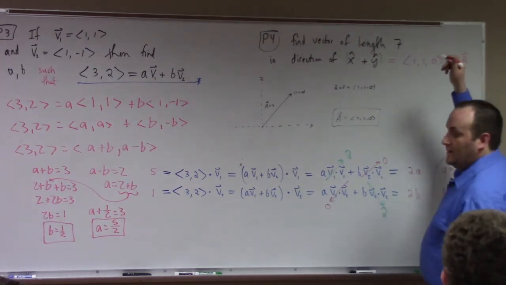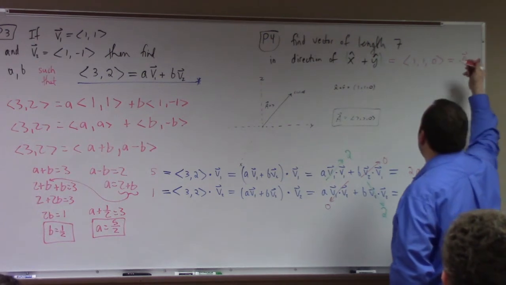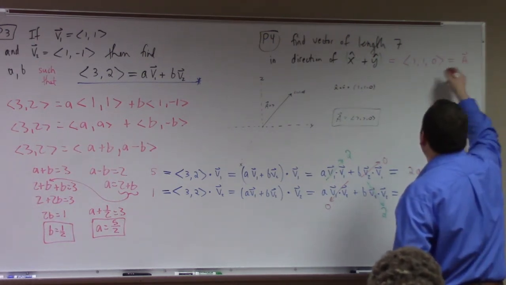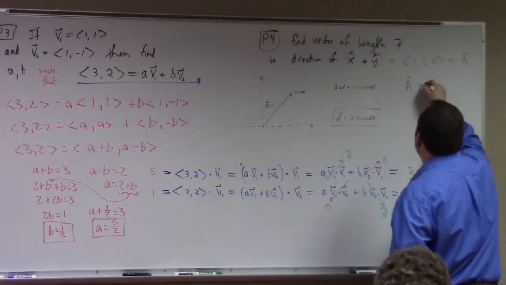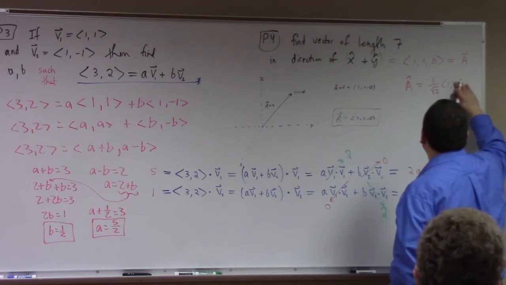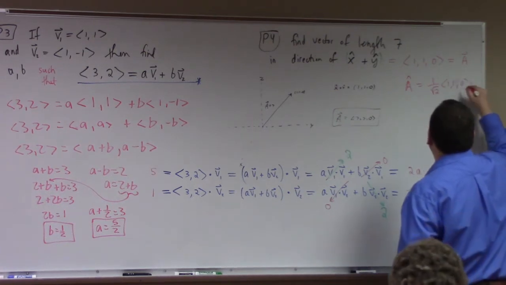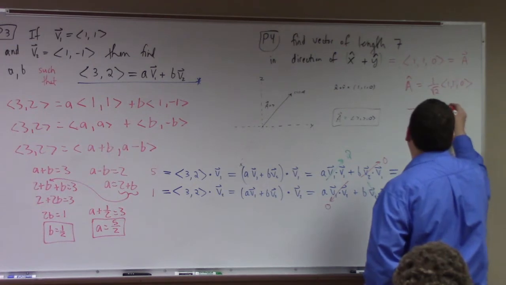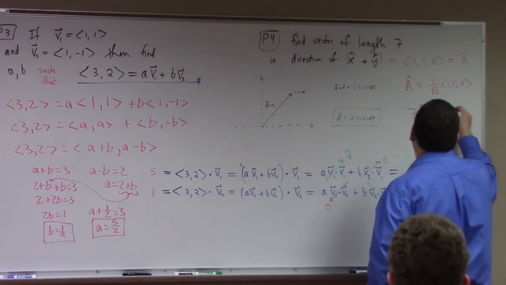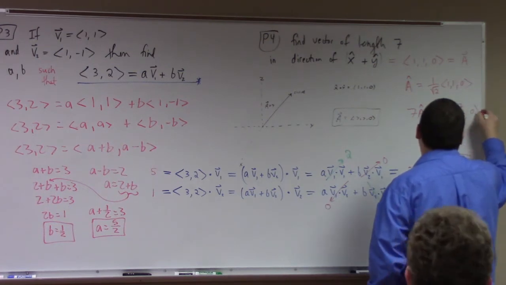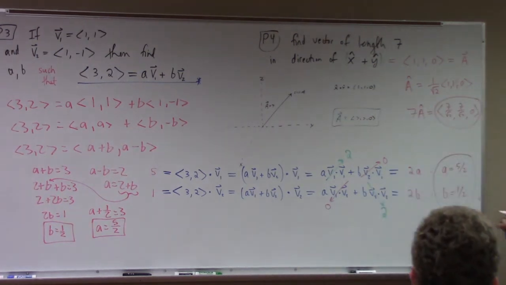And then you can take an algebraic approach and do it the natural way for me, which is a hat is 1 over root 2 times 1,1,0. So then 7a hat is the vector I'm looking for. So you get 7 over root 2, 7 over root 2, 0. There you go. That's a vector of length 7 that points in that direction.